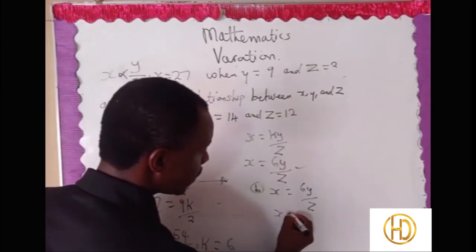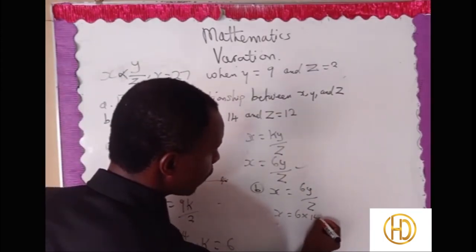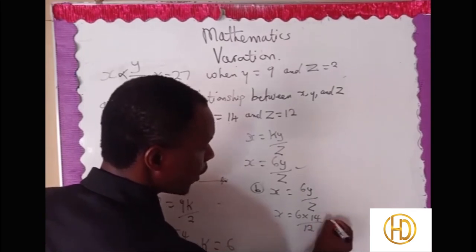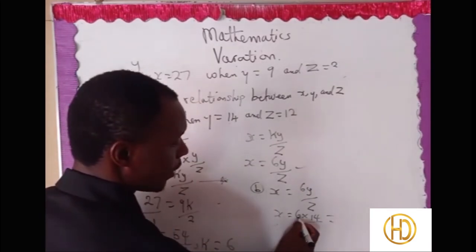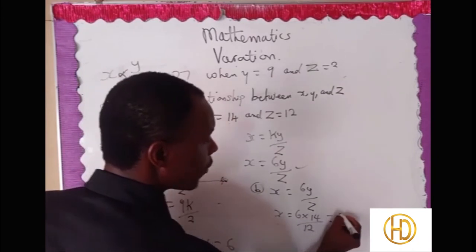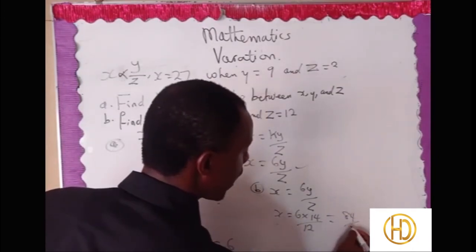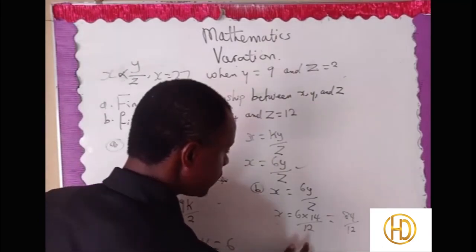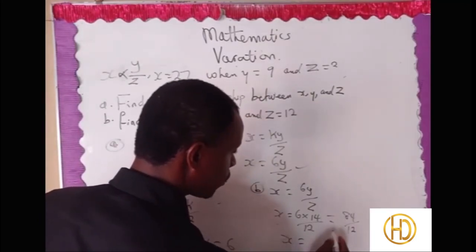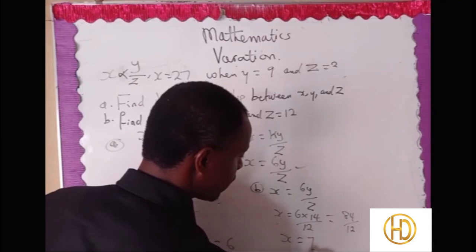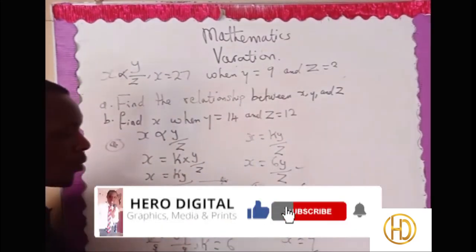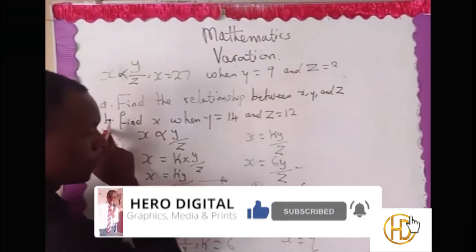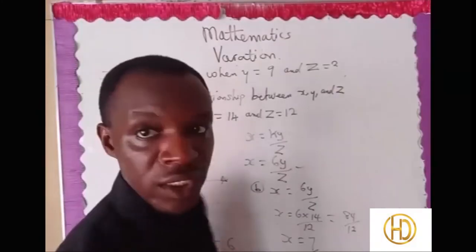So we have s equals 6 times 14 over 12. If you calculate this, 6 times 14 will give us 84 over 12, and 84 over 12 will give us s equals 7. So our answer for question b is 7. It is that cheap.